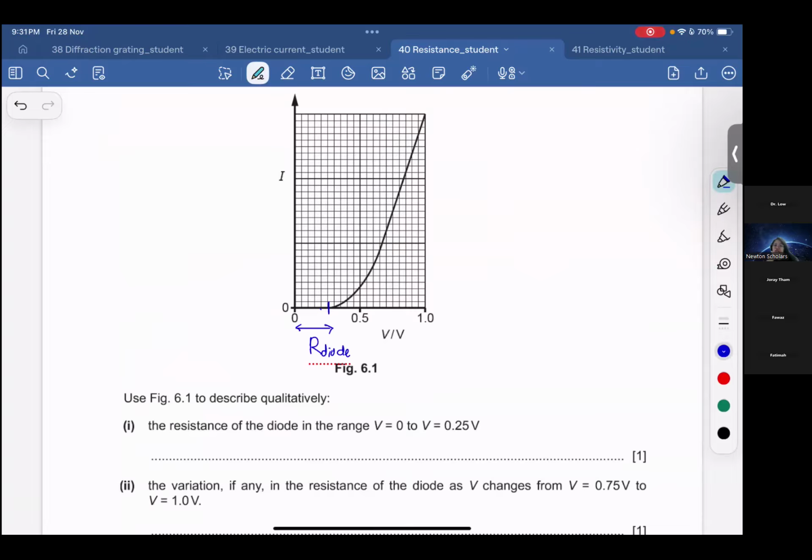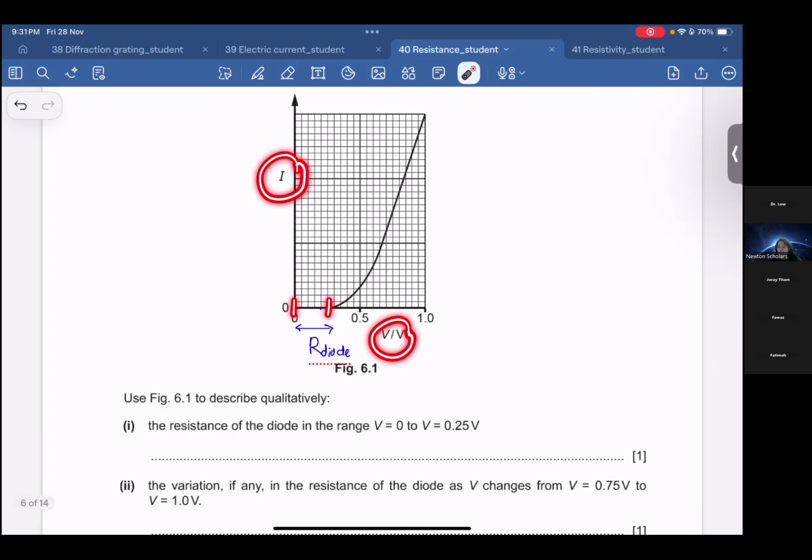Stay the same? Resistance stays the same? Is the resistance very high or very low? Does it allow current to flow? Here, from here to here, I'm applying voltage, but no current can flow. Even though I am applying some voltage to it, no current flows. What happened to the resistance?